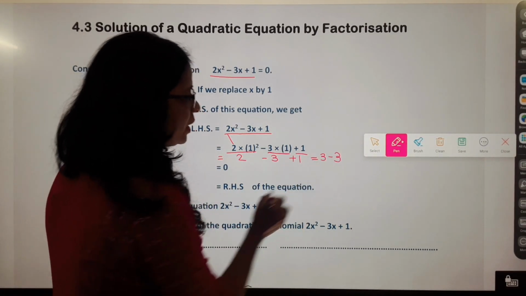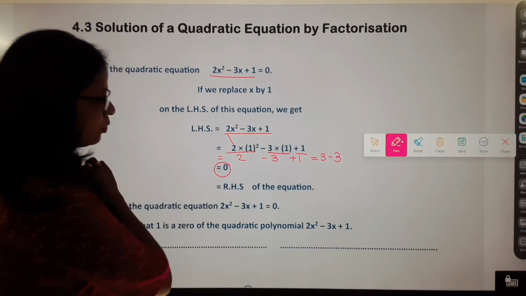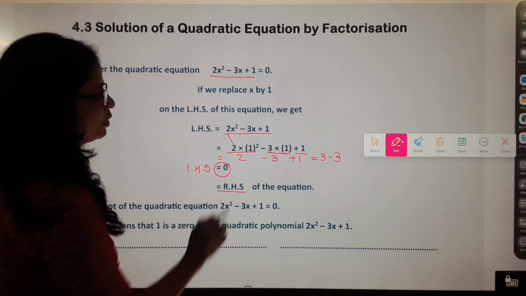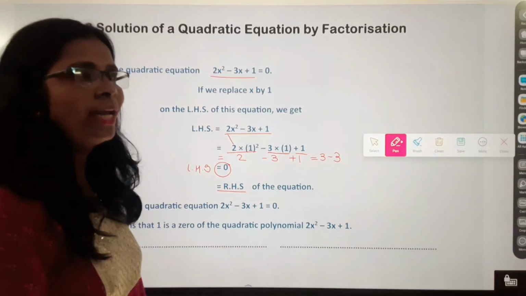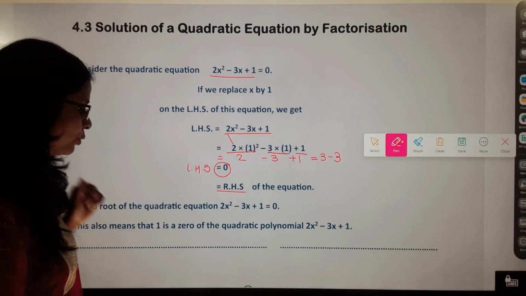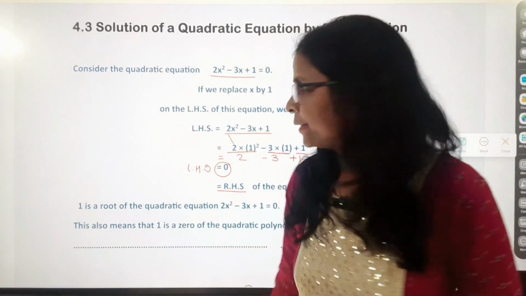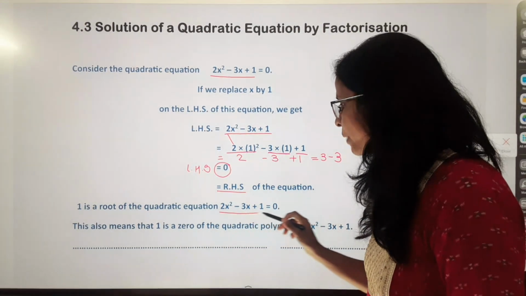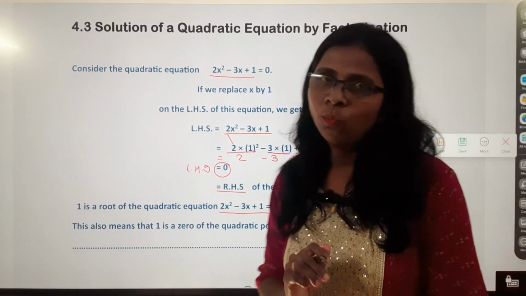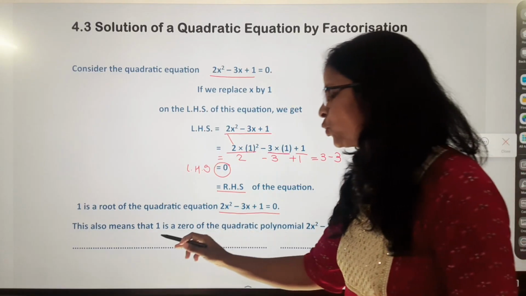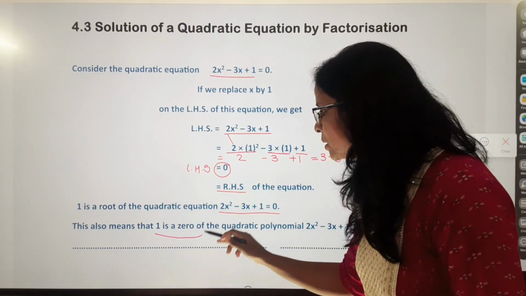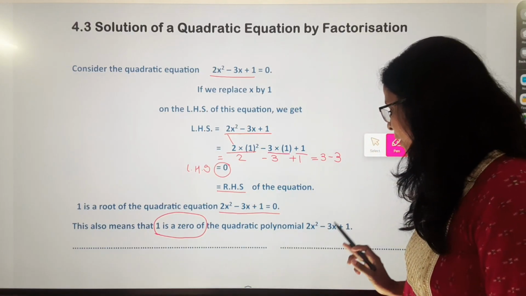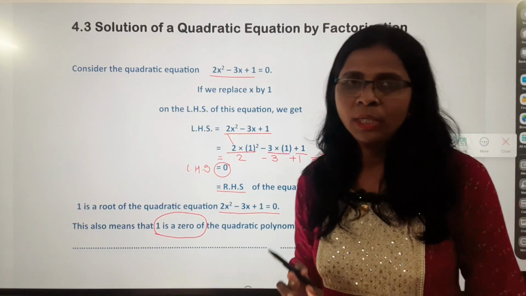So 3 minus 3 is equal to 0. So that means LHS is equal to 0, which is equal to RHS. So LHS and RHS are equal. So that means we can say that 1 is a root of the quadratic equation 2x square minus 3x plus 1. So this also means that 1 is a zero of the quadratic polynomial 2x square minus 3x plus 1.